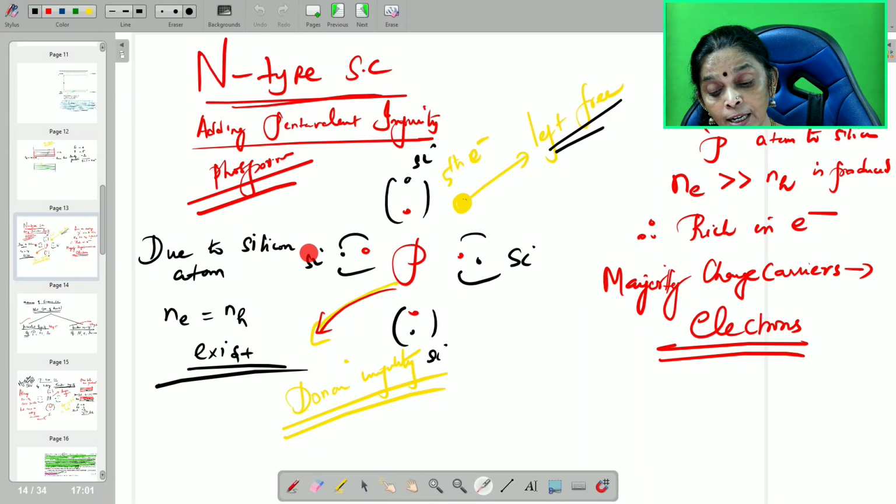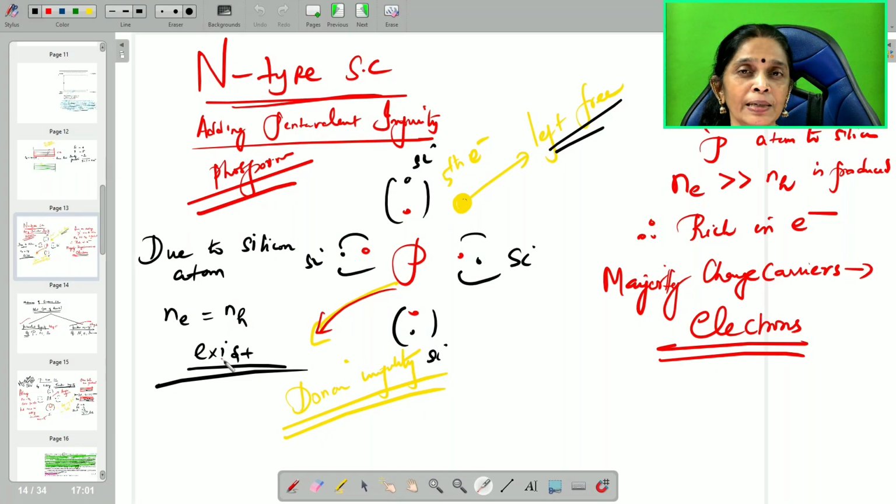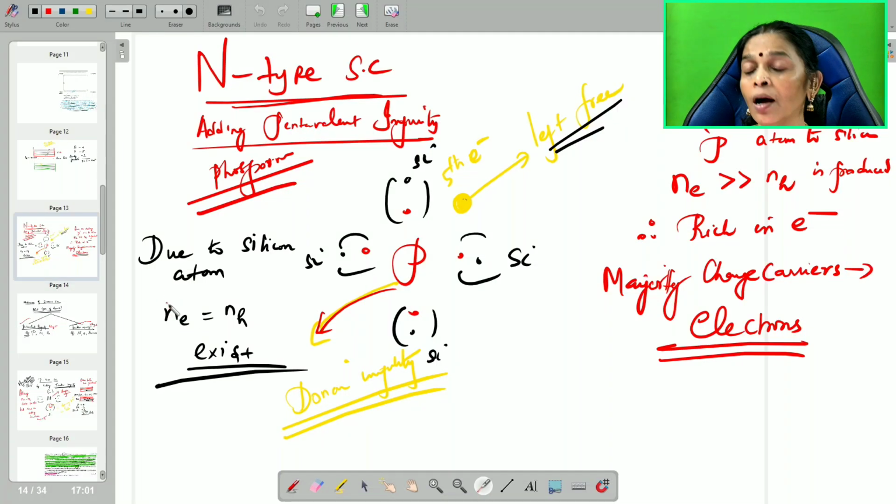Already we know that for the silicon atom present here, Ne is equal to NH is produced. That is only due to the temperature. But with respect to the temperature, sensitive electrons and holes are less in number. When you add more and more impurities, more of the 5th electrons will be left free.